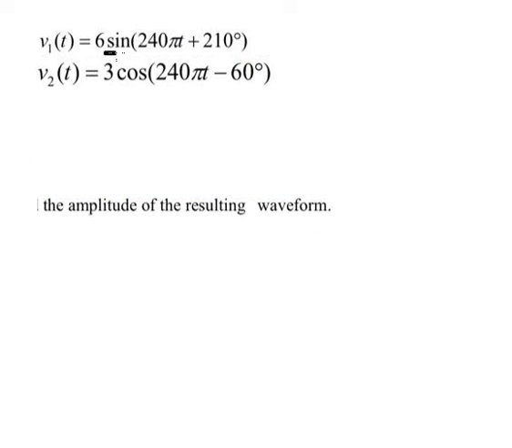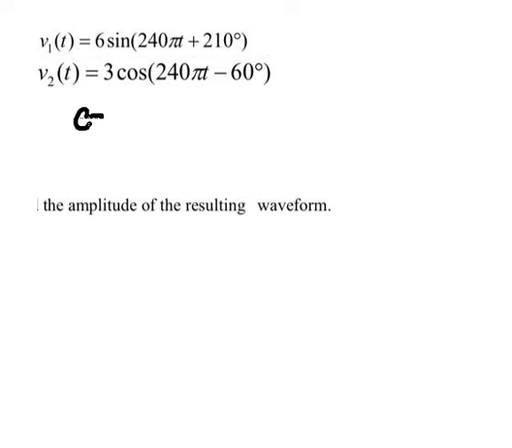The first thing we see is that this is about sine, and this is about cosine. Now if we want to combine two functions together with the same angular frequency, we need to know that they should have the same function.